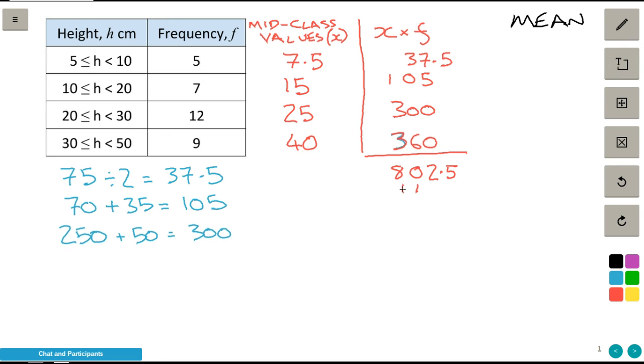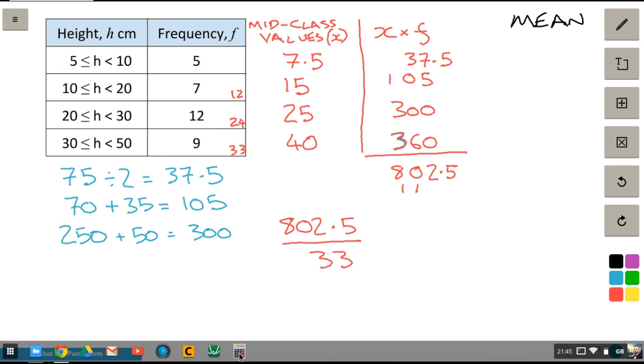So we need the total value, and we need to divide it by the total frequency. So 5 plus 7 is 12, 12 plus 12 is 24, 9 plus 24 gives us 33 for our total frequency. So our final calculation for the mean is going to be the total value, 802.5, divided by the total frequency, 33.